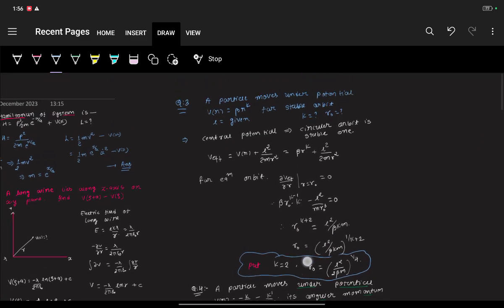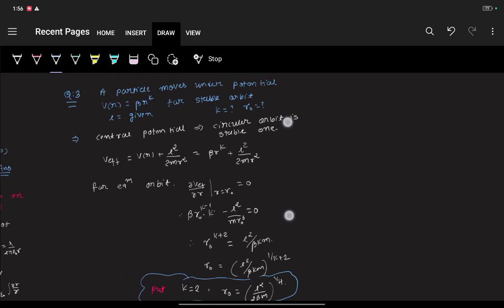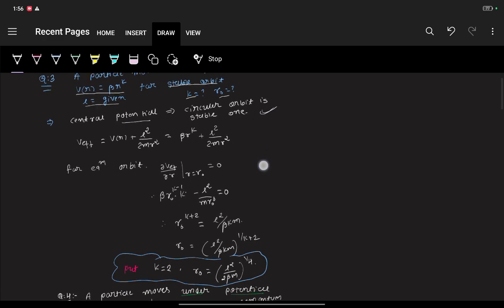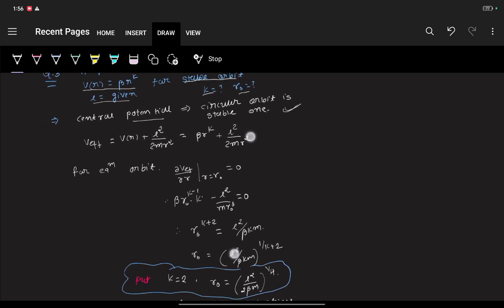Now moving on to the next question. The question was: a particle moves under the potential V(r) = βr^k. For stable orbit, L was given, obviously, k and r0 will be what? Okay, so we know that it is a central potential and its orbit must be a circular orbit for it to be a stable one.